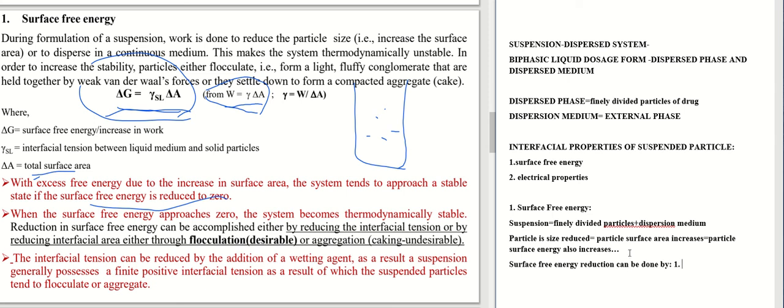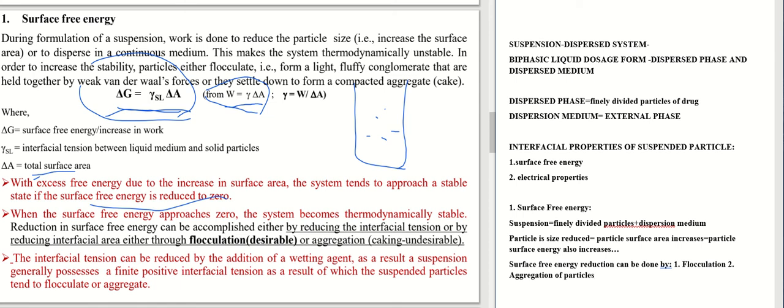The first one would be either by flocculation or by aggregation of particles. Now here we need to know the difference between flocculation and aggregation. Flocculation is the formation of a loosely packed network of particles, whereas aggregation is the tightly packed particles.